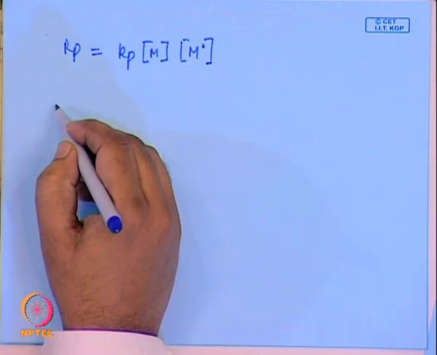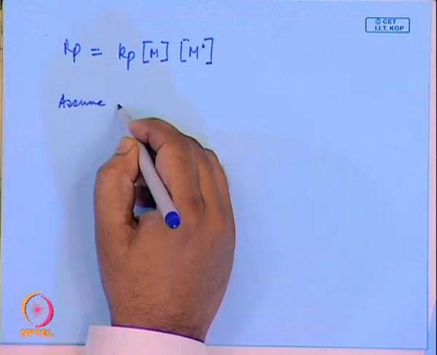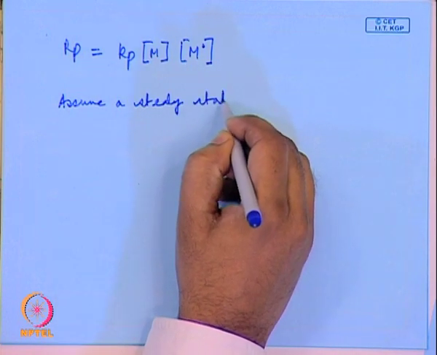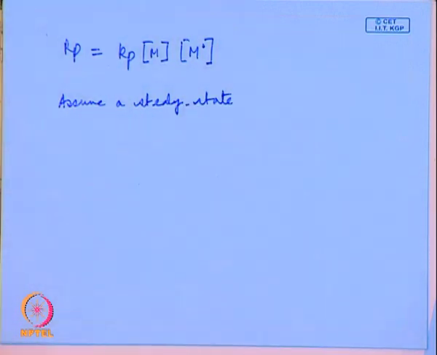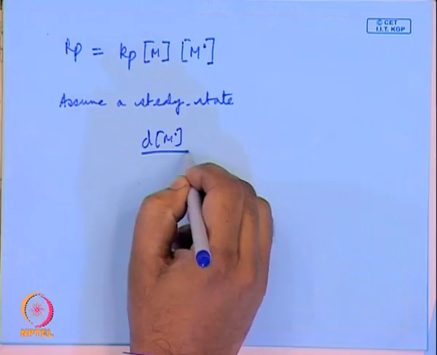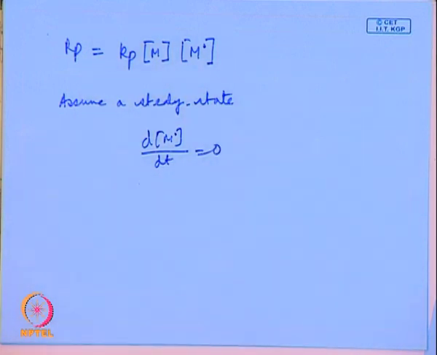We assume a steady state, where immediately after the reaction starts, the change in total radical concentration becomes 0 with time, which means that the radicals are consumed at the same rate as they are produced.